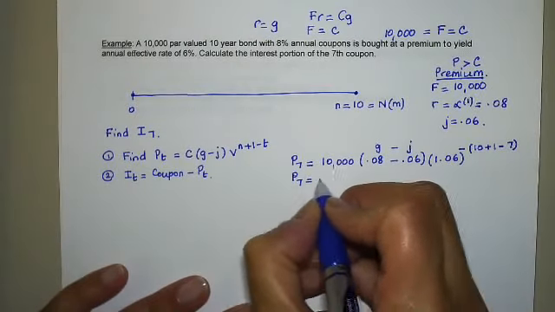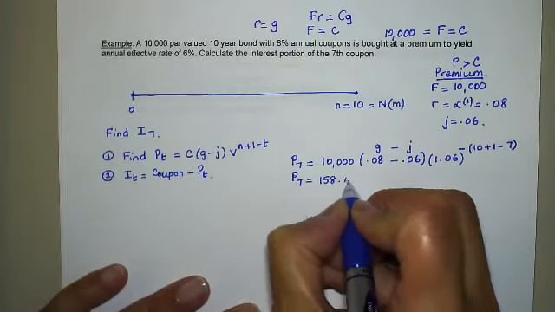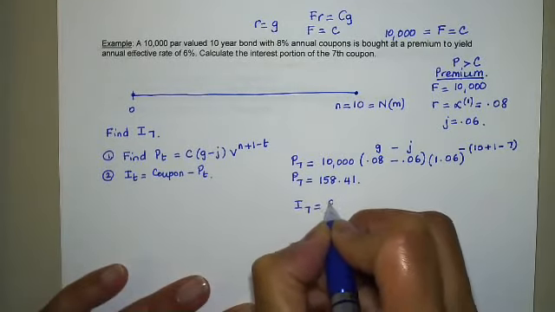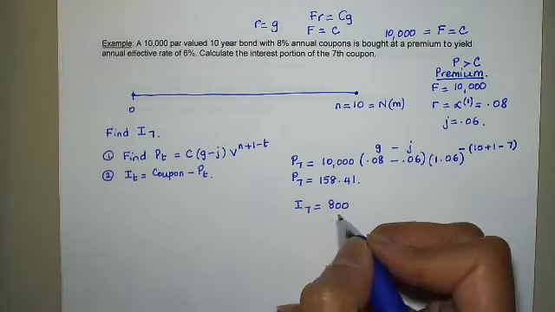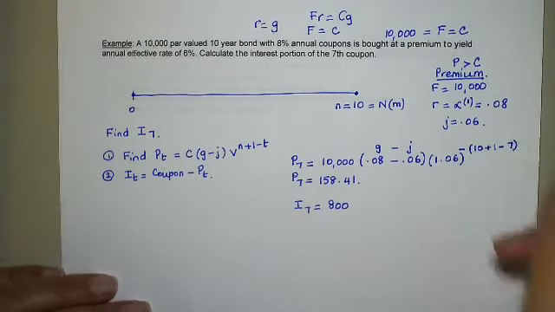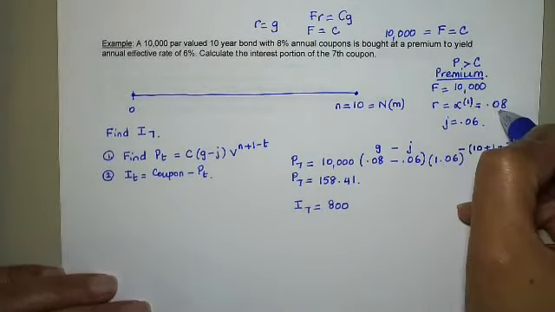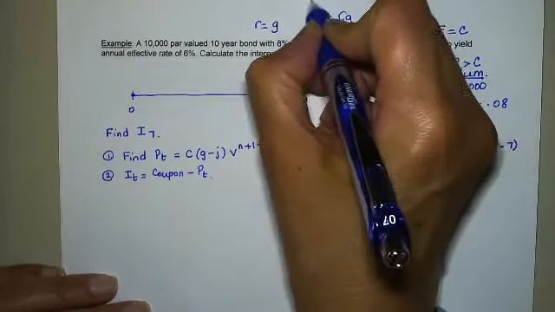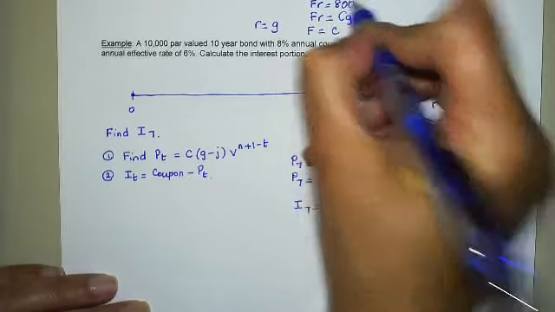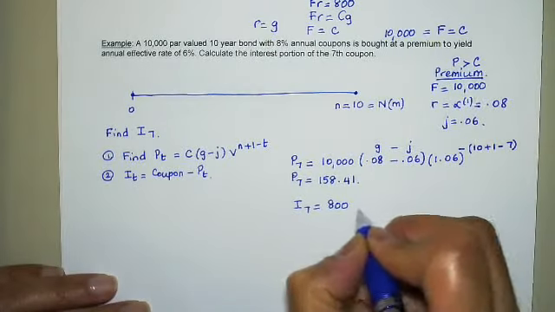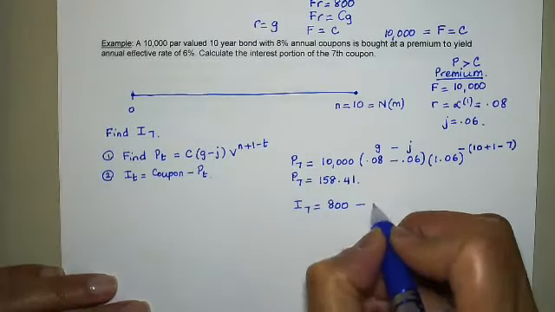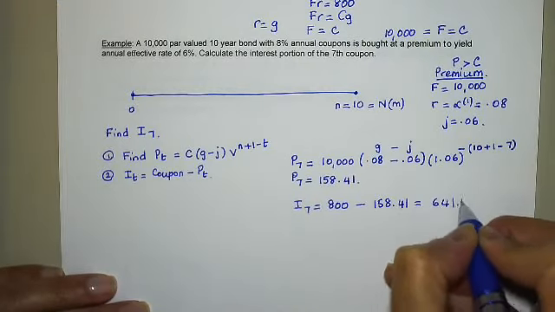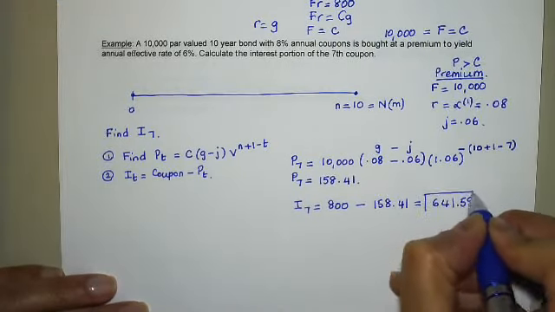And when I clean this up, I get 158.41. And therefore I7 is equal to the coupon, which is FR. Let's see. F is 10,000, R is 0.08, so that's 800. Let's write it somewhere. FR equals 800 minus P of 7, 158.41, which is equal to 6.59.